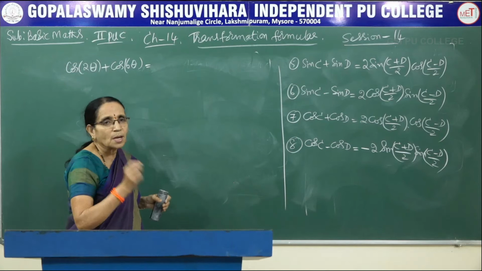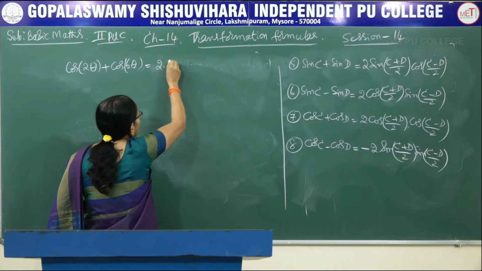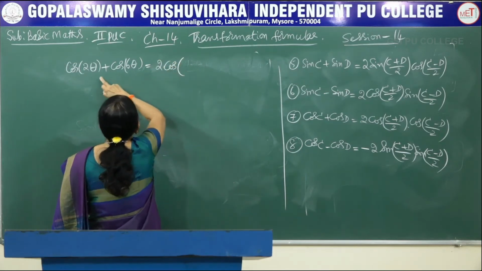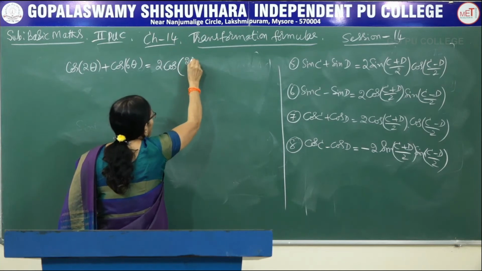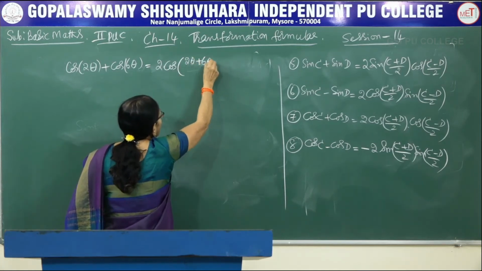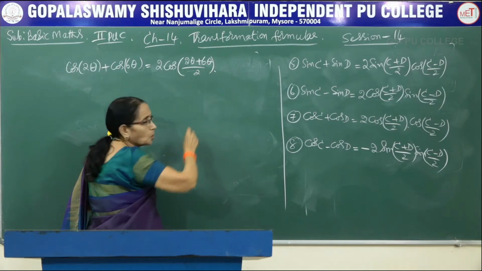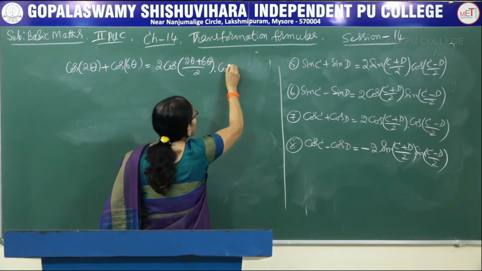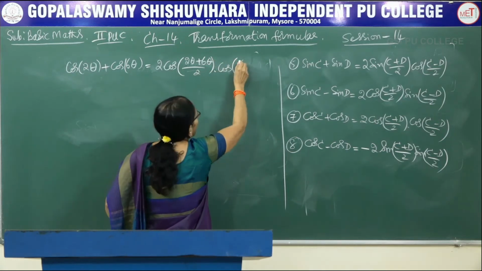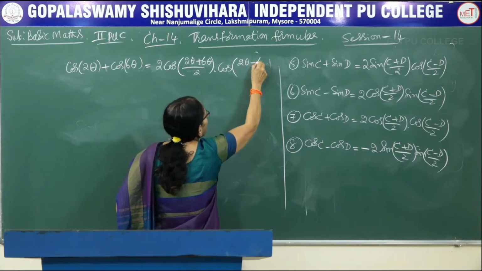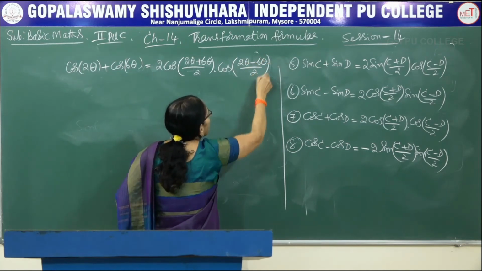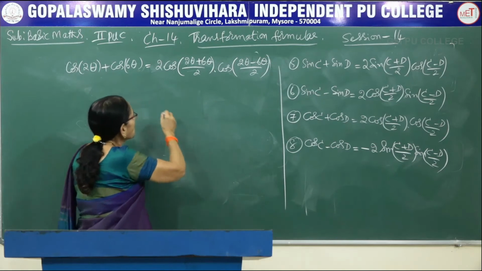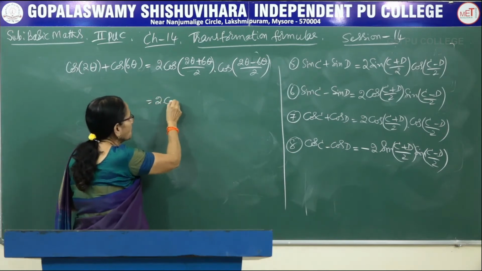Therefore it is purely a cosine product. 2 times cos of C plus D by 2, 2 theta plus 6 theta divided by 2, into cos of C minus D, 2 theta minus 6 theta divided by 2. Now carefully we will do the simplification.